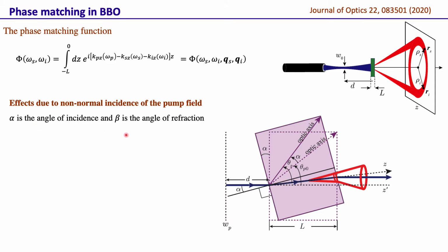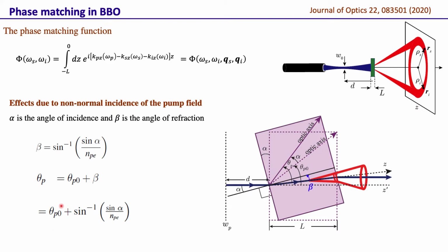So if alpha is the angle of incidence of the pump field, then beta is the angle of refraction, and we can calculate and show that beta is the inverse sine of sine alpha over NPE. In that case, this theta p that we are talking about, the angle between the optic axis and the direction of the pump inside the crystal, will change as a function of alpha.